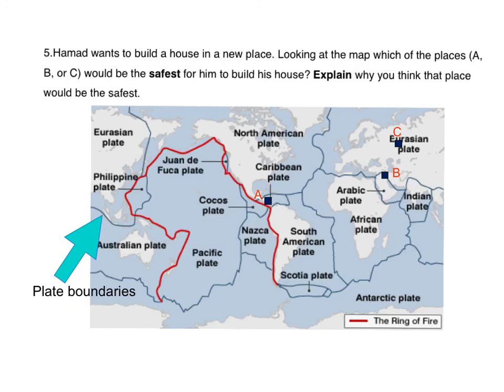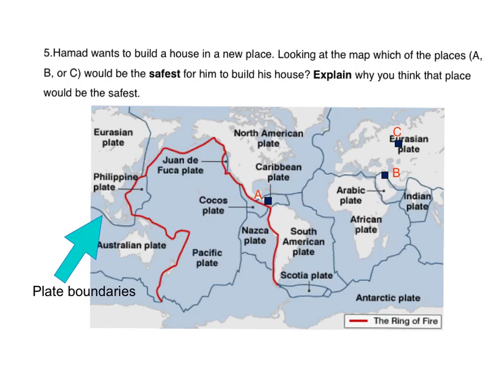Most of the volcanoes on Earth occur around that ring of fire, and we've learned that in our plate tectonics detectives packet, all right? We've also learned that at plate boundaries, like these, all these lines, this is where we find lots of volcanoes, but also where we find lots of earthquakes, okay?